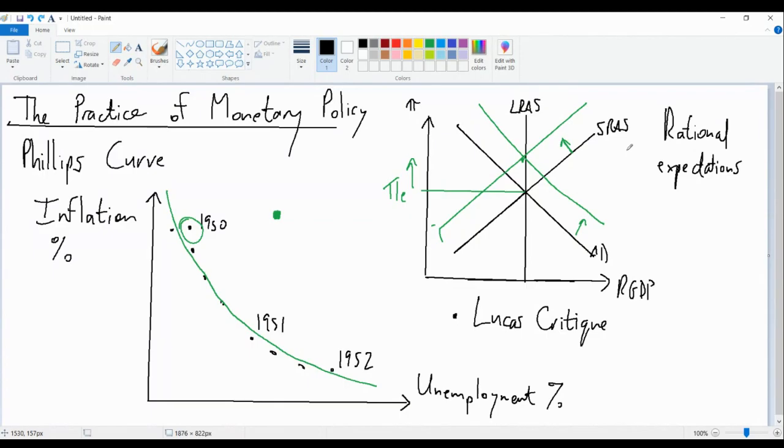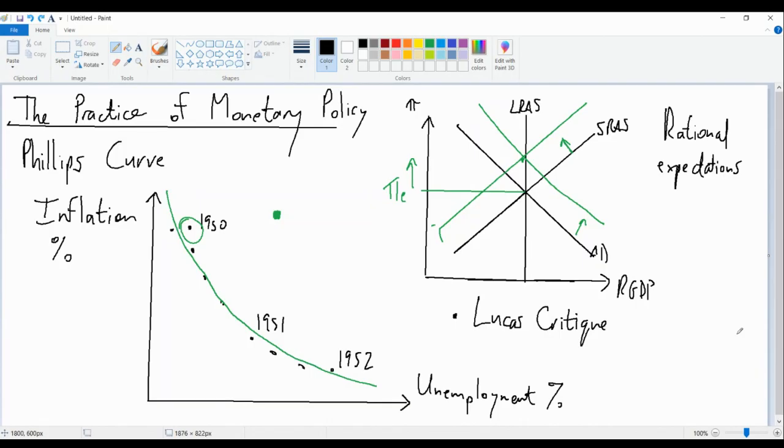So, what have we discussed so far? First, there was this idea of the Phillips curve that was viewed as being a menu of policy options, basically. But then along came rational expectations and the Lucas critique. Rational expectations tells us that people are forming their expected inflation based on all information, including past and future.